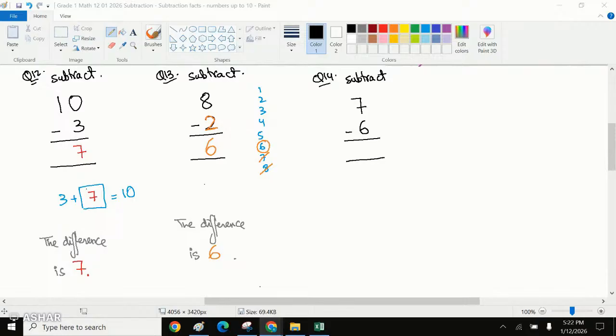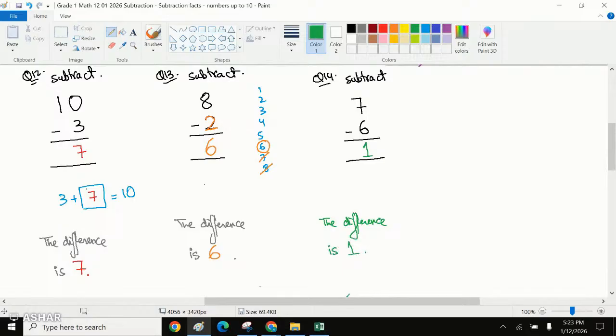if you had 7, yes, thank you. If you had 7, your answer is correct. That means 7 you had, you ate 6. Now you are just left with 1, right? So we can say the difference of the numbers is 1.